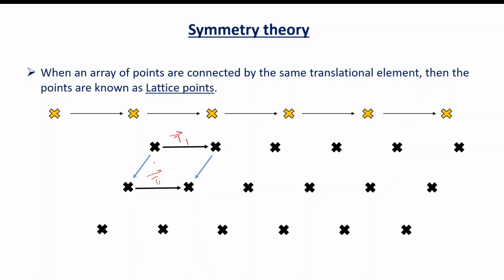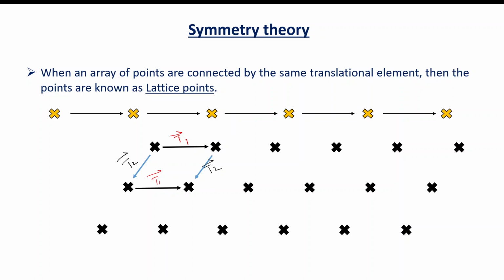Then if I go in a different direction, the translation along this particular direction is always T2. So now you have a set of T1 and T2 defining the position of these four lattice points in the lattice net.